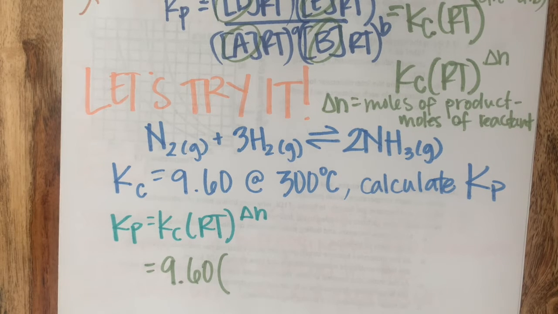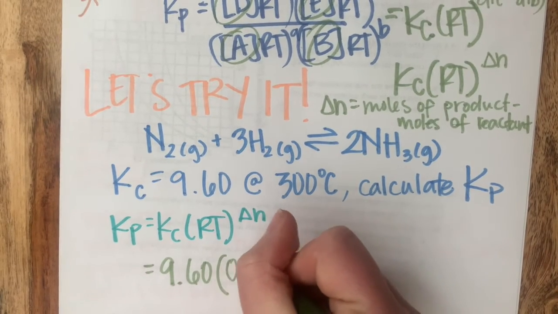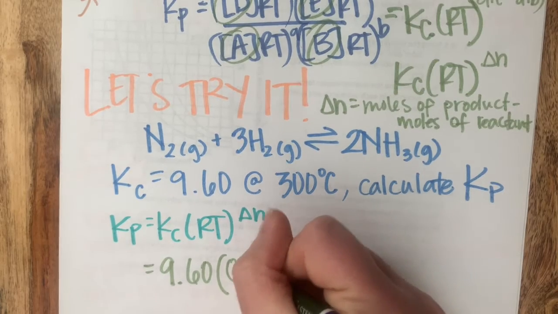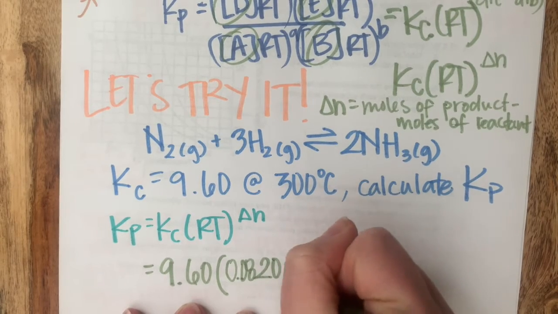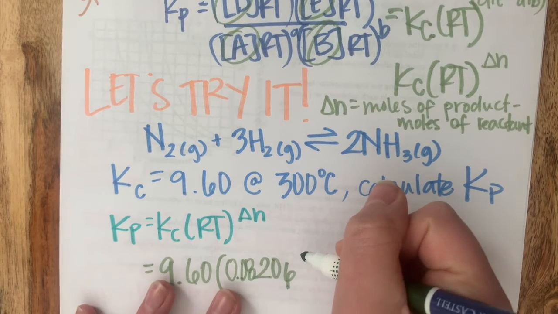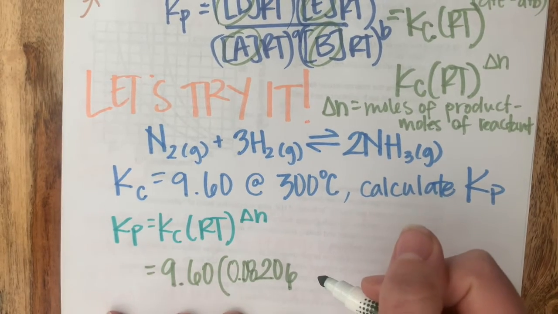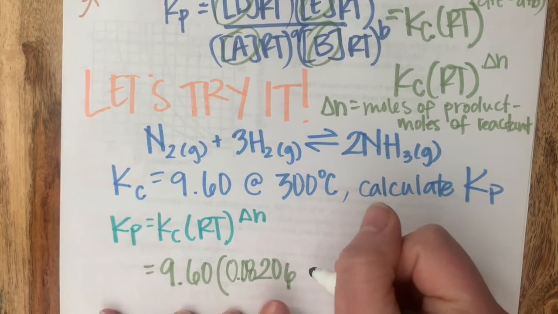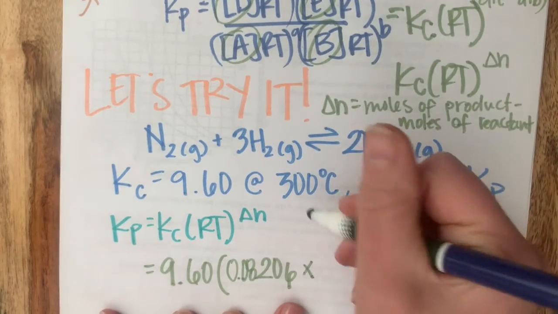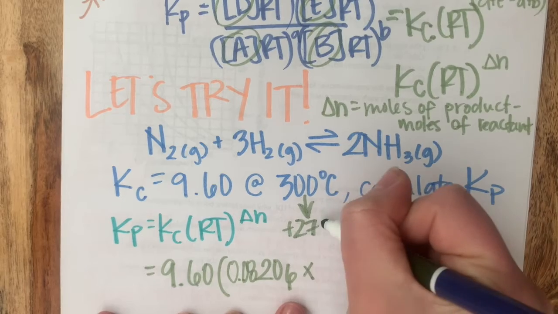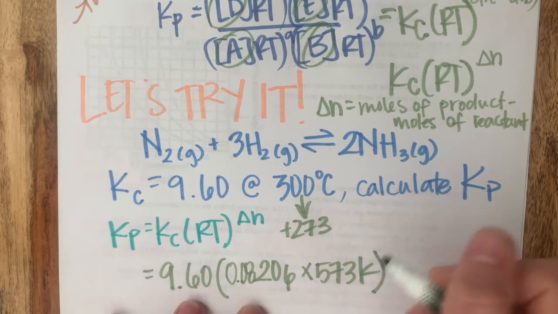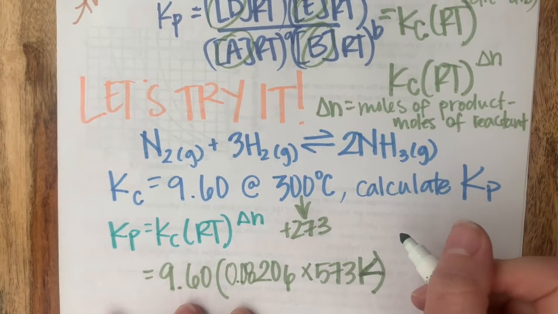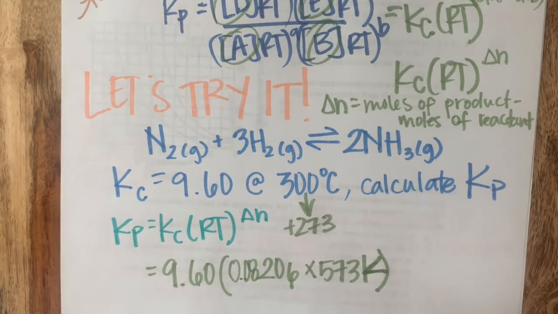For the value of R, it's going to be 0.8206, our usual value, in liters, atmospheres, per mole Kelvin, and then we are going to multiply that by 573 K. That's our Kelvin. Let's make that a real capital K. And then this is to the value of change in moles.